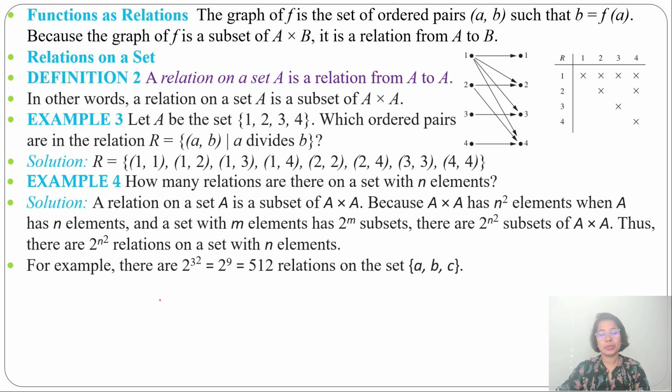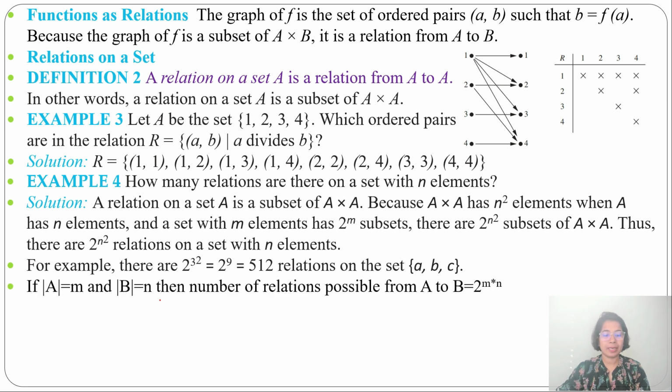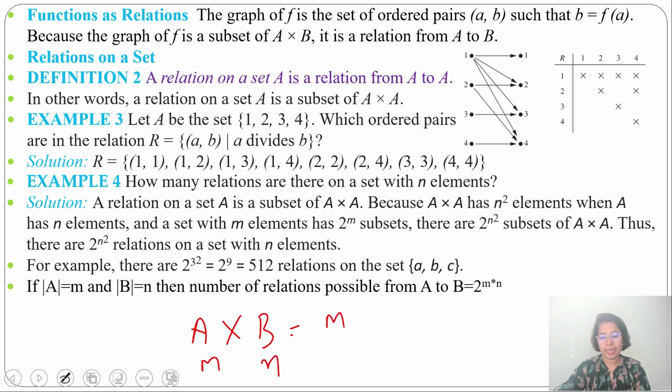If we have two sets, let set A contain m elements and set B contain n elements. The number of relations possible from A to B: now A Cartesian product B contains how many elements? Set A contains m, set B contains n, so m multiplication n elements are contained in A Cartesian product B. Now how many subsets are possible?